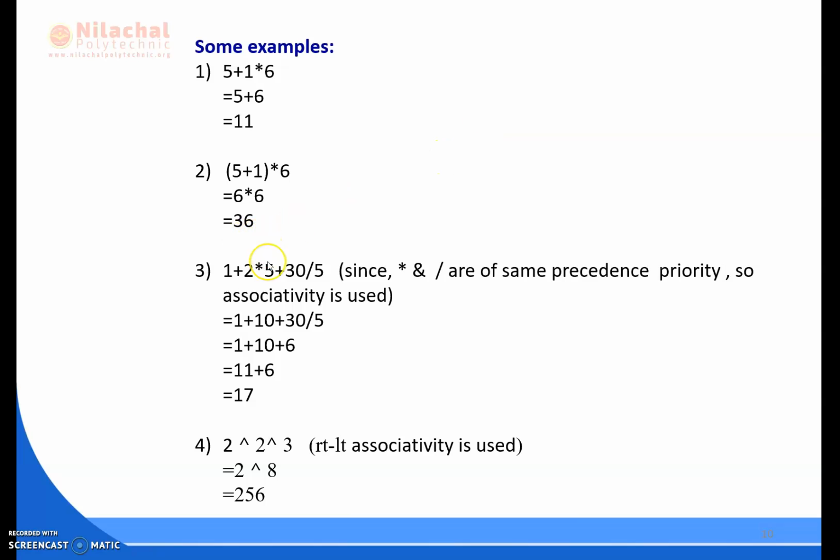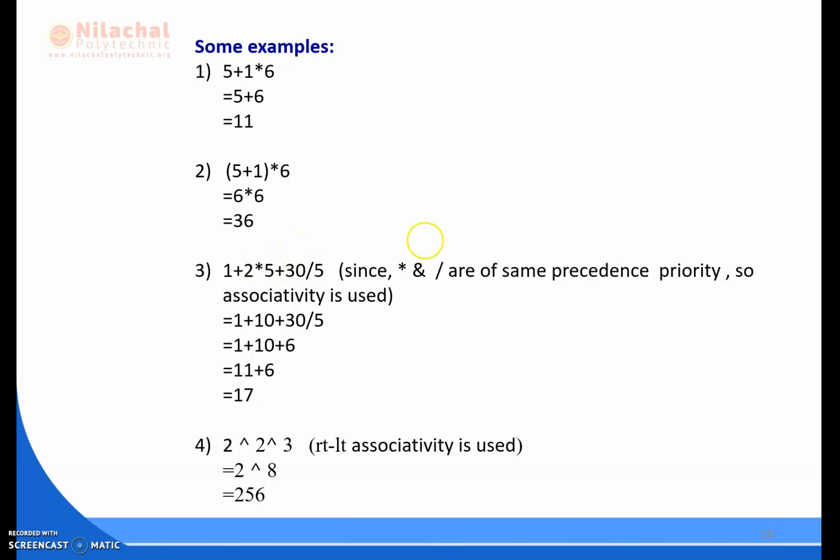that is 36. Here in the third example we have 1 plus 2 multiplied by 5 plus 30 divided by 5. We can see that multiplication and division are the first precedence priority but are of the same precedence priority in one arithmetic expression.